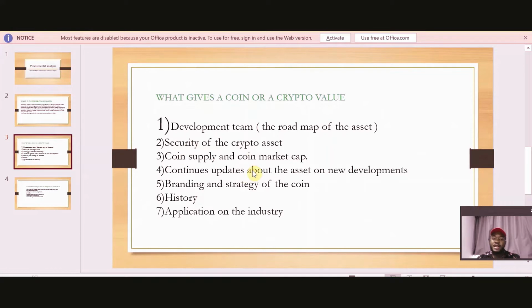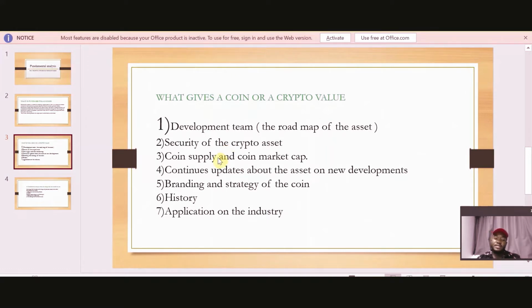Coin supply and coin market cap. That's what I told you guys in my previous video about coin market cap. Coin supply gives a coin value. It's just like our normal demand and supply. You understand? When there is much supply in the market, the price will reduce.